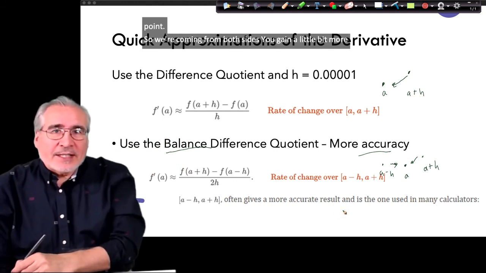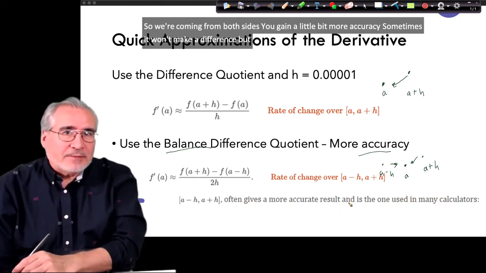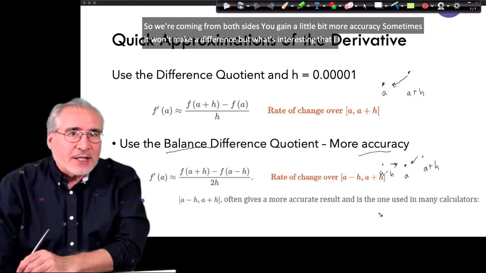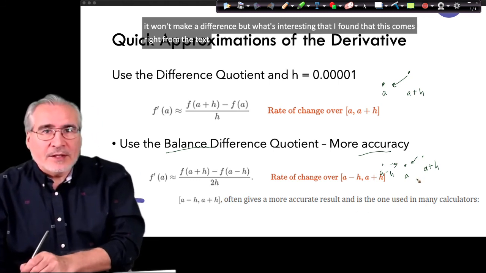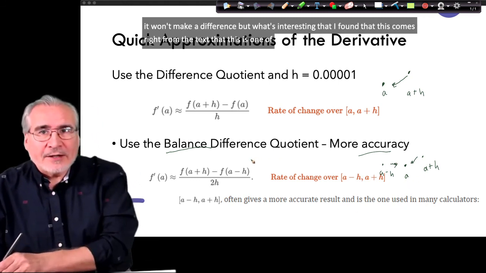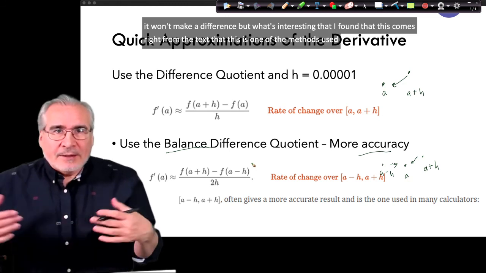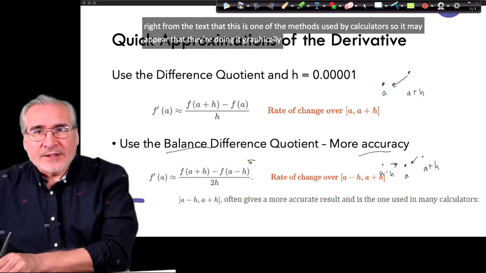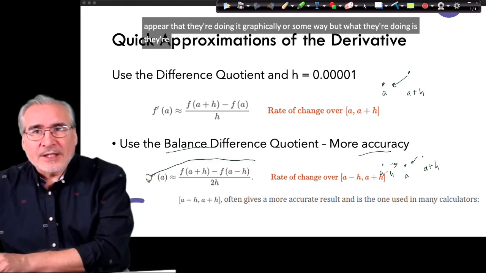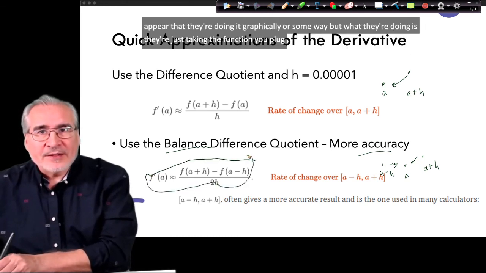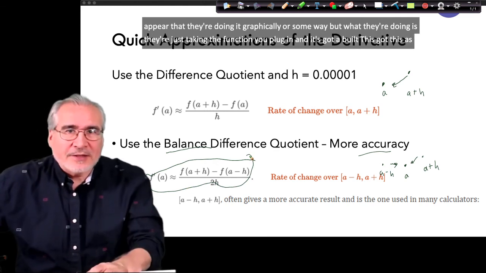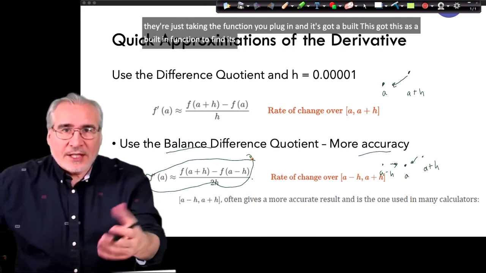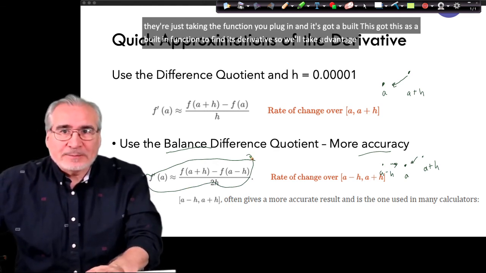Sometimes it won't make a difference, but what's interesting that I found, that this comes right from the text, is that this is one of the methods used by calculators. So it may appear that they're doing it graphically or some way, but what they're doing is they're just taking the function you plug in, and it's got this as a built-in function to find its derivative. So we'll take advantage of that as well.